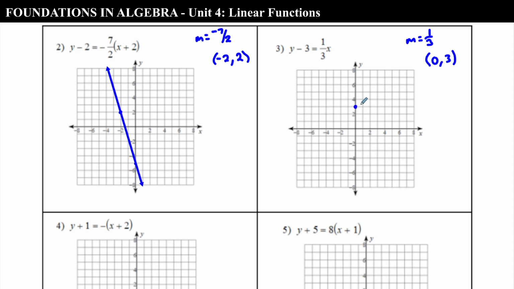And then our slope is 1/3. So up 1, right 3. Or you can go down 1, left 3. And we will plot our line from there, again using our straight edge to help us out with that.